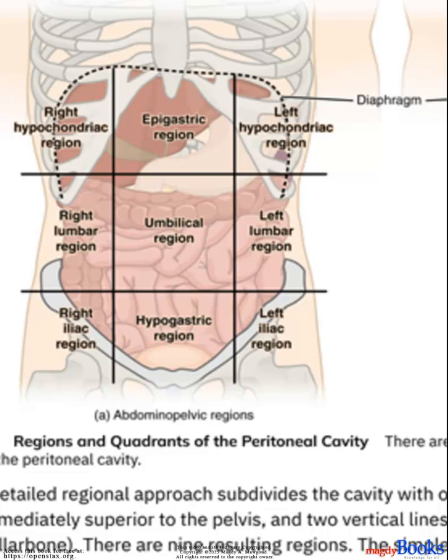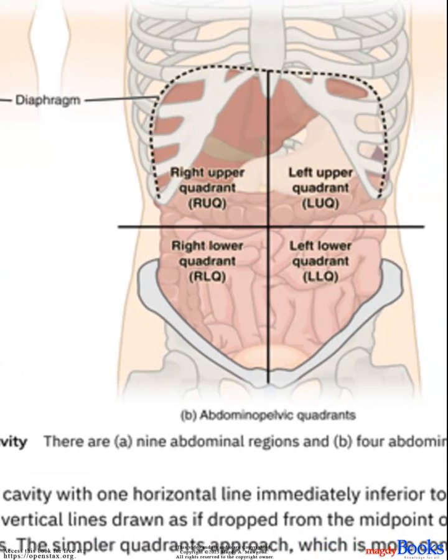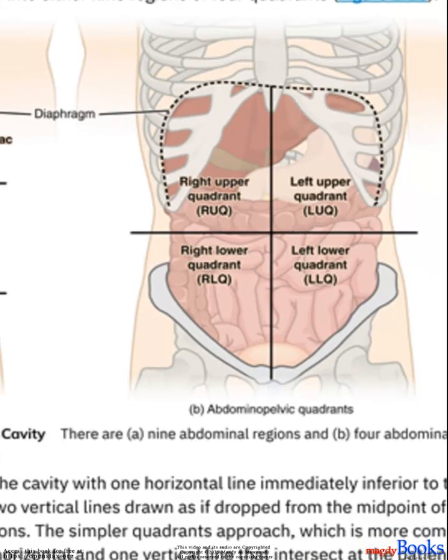Hypogastric region. Left hypochondriac region. Left lumbar region. Left iliac region. Diaphragm. B. Abdominopelvic quadrants. Right upper quadrant, RUQ. Right lower quadrant, RLQ. Left upper quadrant, LUQ. Left lower quadrant, LLQ.